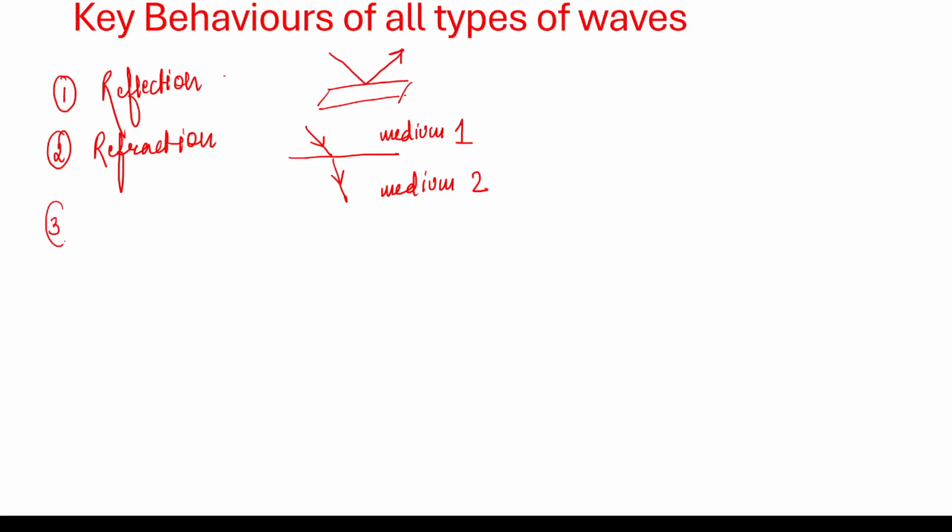Then you have phenomena like polarization. Now these are new behaviors, and you'll be learning more about them. They are part of your A-level physics. Polarization is when you restrict the oscillations in one direction or one plane, but this happens only with transverse waves.